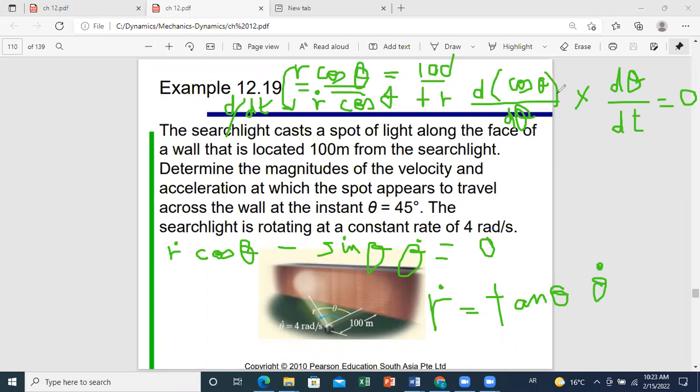To find the acceleration vector, we need to determine, if you go back to the expression, we need r dot, we need theta dot, we need r, and we need r dot dot and theta dot dot. We already calculated in the previous step to find the velocity. We calculated already r at 45, r dot at 45, and theta dot is given.